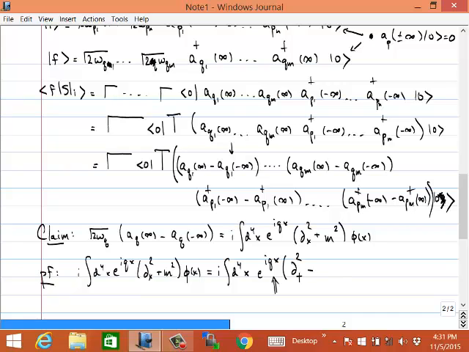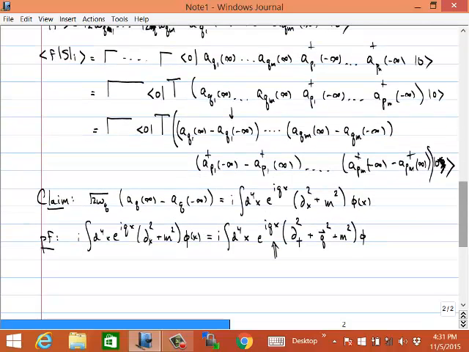So you get d_t squared plus q vector squared plus m squared times phi. That's just integrating by parts twice and acting the spatial derivative on e to the iqx. And of course, this combination of q squared and m squared is what we call omega squared.